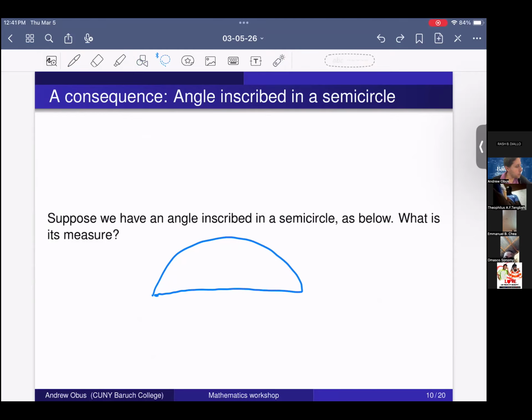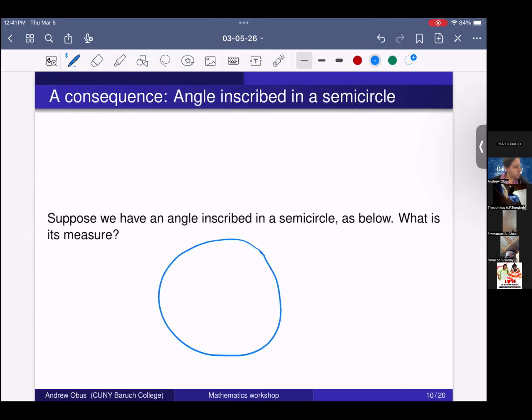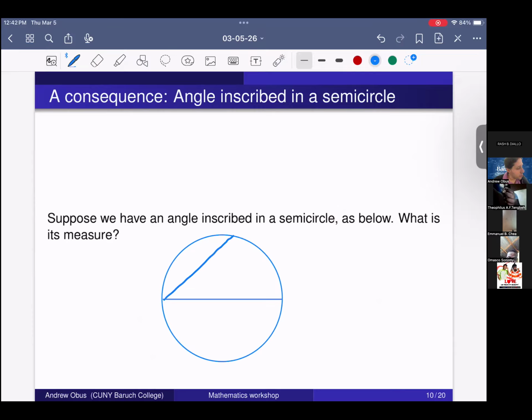No, you know what? I think this technology can do things better than this. Let me actually try to draw a real circle. Yes, okay, it gives me a real circle. Great. Okay, so now let's say I draw a radius here. And now let's say I draw an angle inscribed in a semicircle.